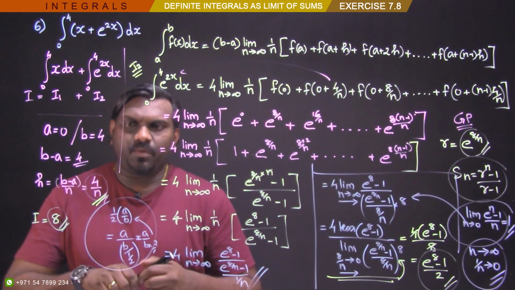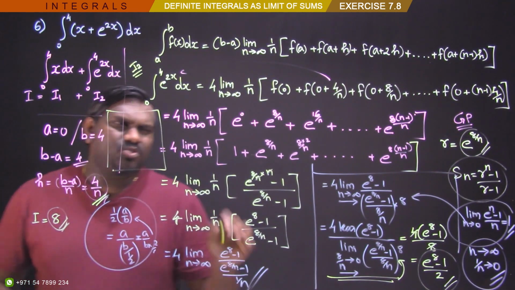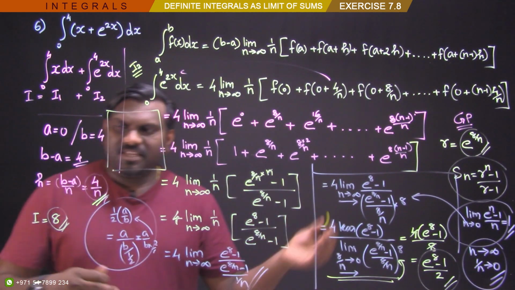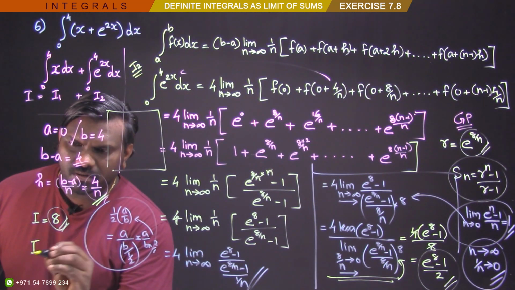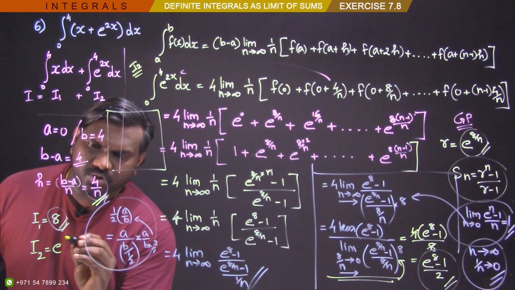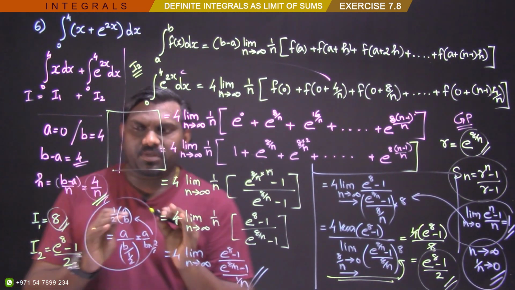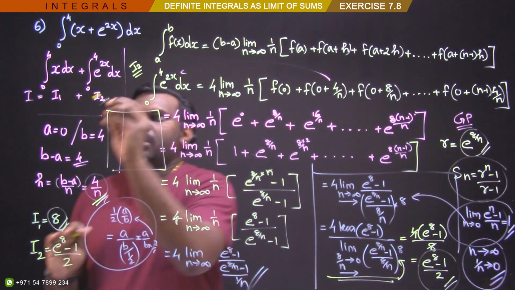So let's try it over here. Let's figure it out somewhere here, dear, because I don't want to go to the next page. So i1 is this one, i2 is e raised to 8 minus 1 by 2. So what is i?